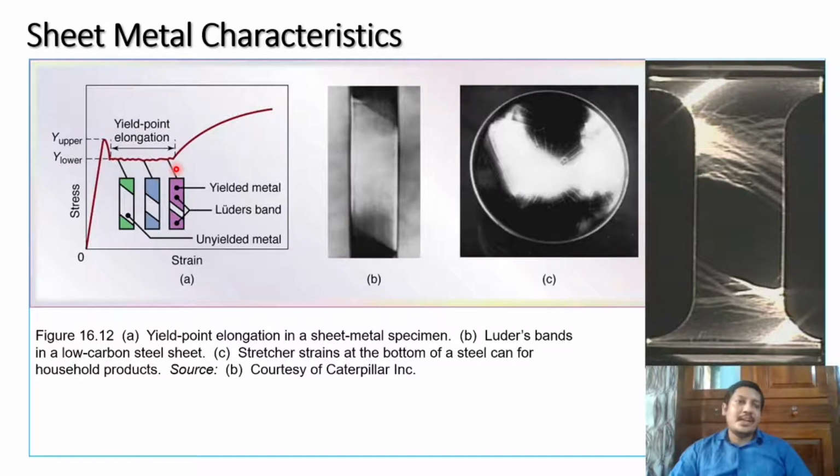The period in which it continues in the lower condition is called the yield point elongation. In the typical case over here, these are the areas where the strain is actually happening, and these are the areas where unyielded metal is present. In the unyielded metal, you will not be able to see any marks.